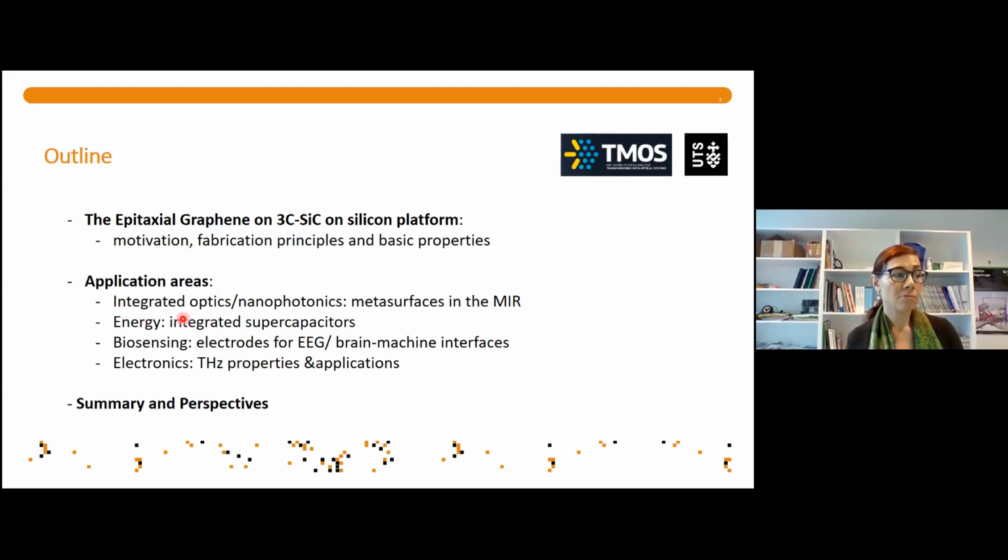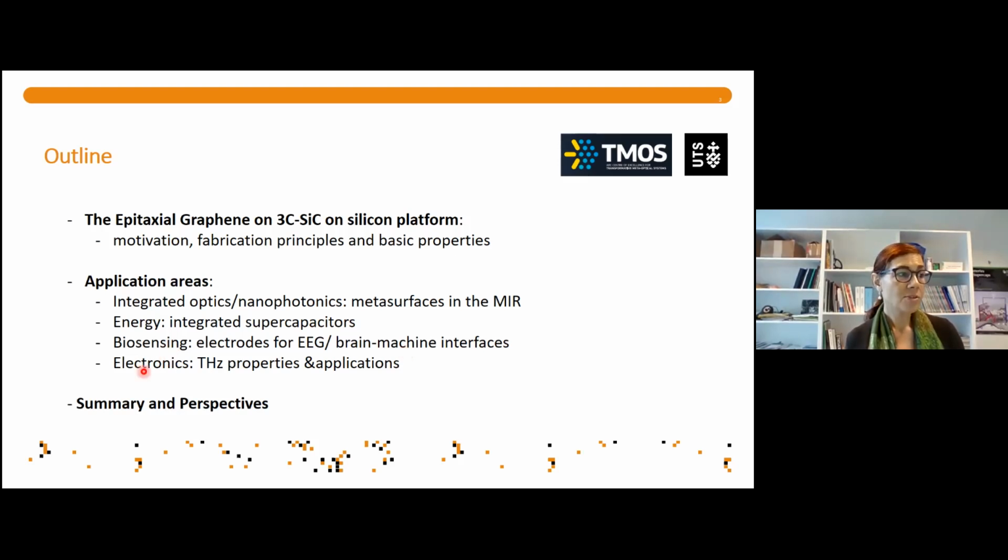Energy, focusing on integrated energy storage, particularly supercaps. I might not say too much about that though. Biosensing, particularly in terms of brain sensors. This is a very fascinating area that we started relatively recently and is extremely promising, leading towards brain-machine interfaces. I'll say something about that towards the end of the talk.